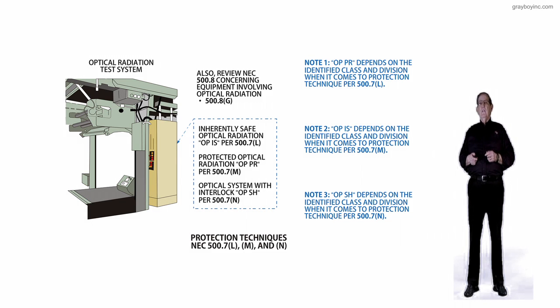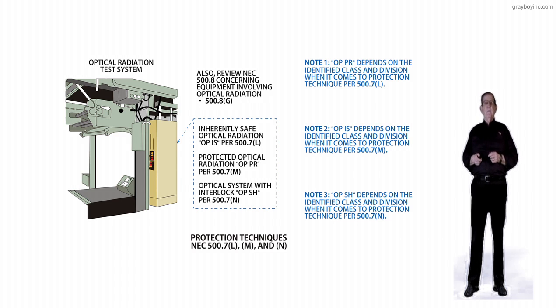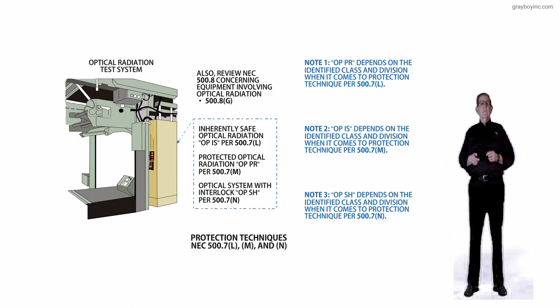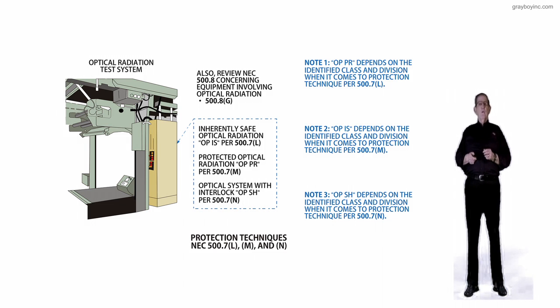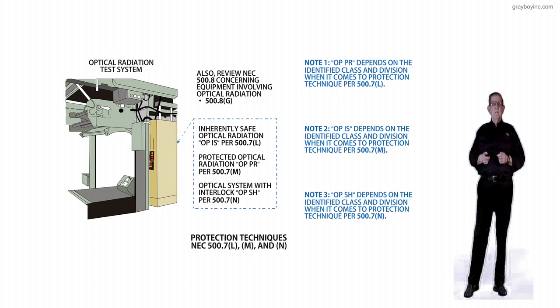So looking at notes 1, 2, and 3, you see you have L at the top, in the center you have M, and in the last note 3 there you have N. And then, of course, the note 4 sends a warning. And a note 4 would say for protection by skin effect trace heating, we would review 500.7O.